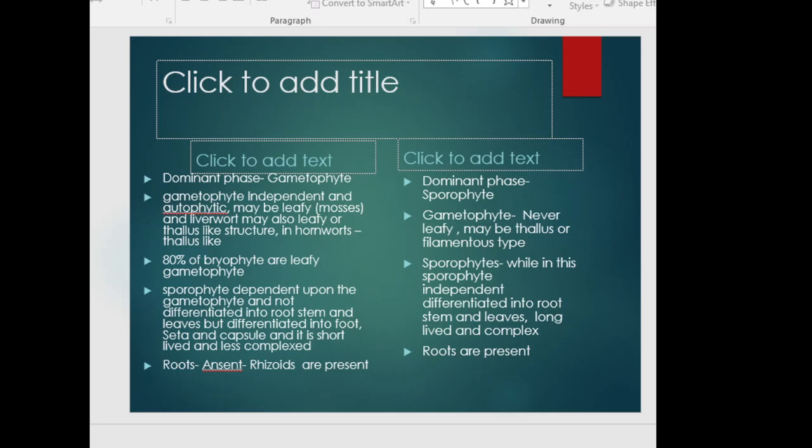Gametophyte is independent and autotrophic, may be leafy in case of mosses, and in liverwort may also be leafy or thallus like structure. In hornwort it is thallus like structure. And in the pteridophyta, gametophyte never will be leafy, or maybe it is in form of thallus, or maybe it is filamentous. 80% of the bryophytes are the leafy gametophyte.